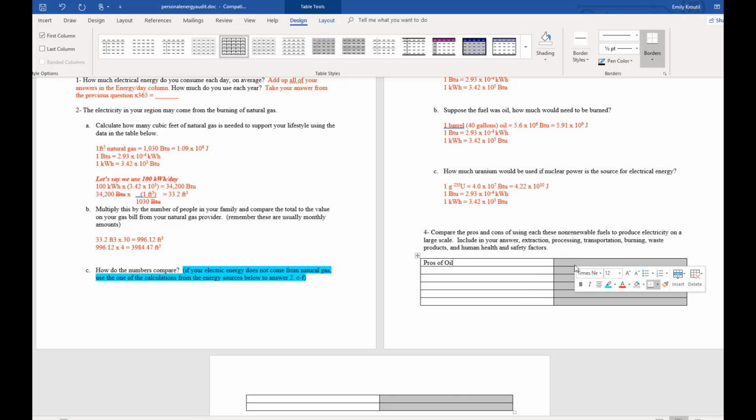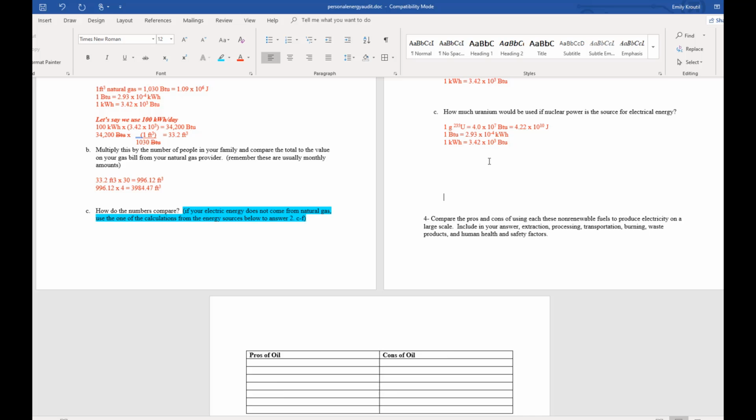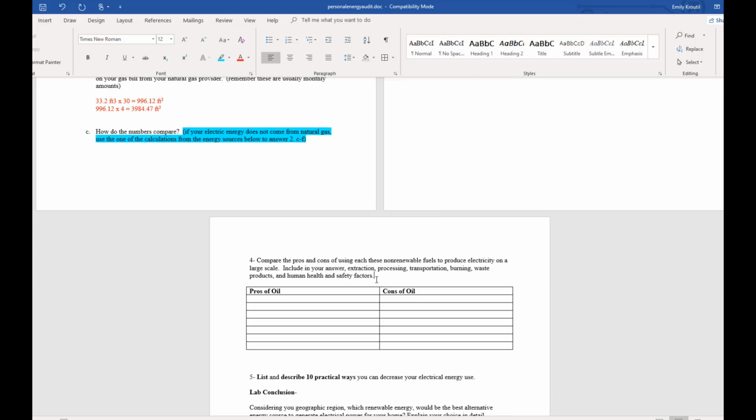So you'll do a pro of oil, cons of oil. Here, I'm going to put this question on a separate page. That way it's easier. And then you'll discuss extraction, processing. I'm not telling you the answers. I'm telling you that you need to discuss these things, right?